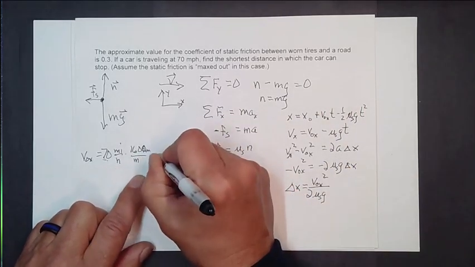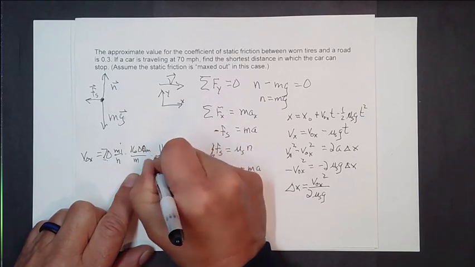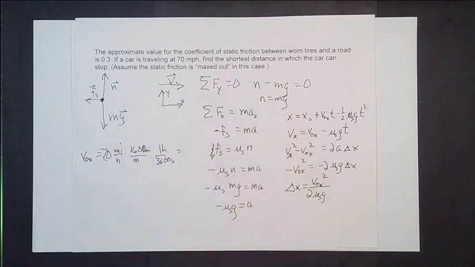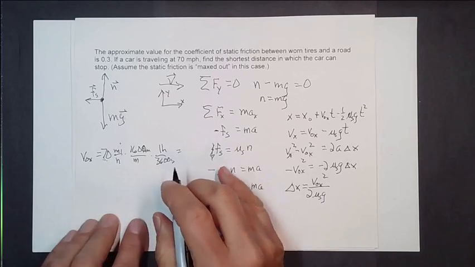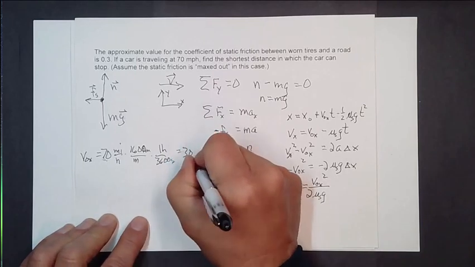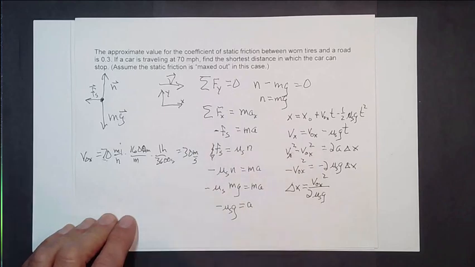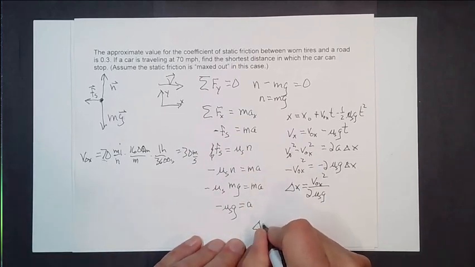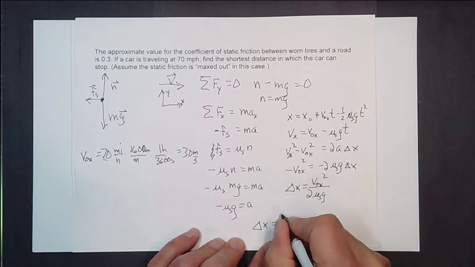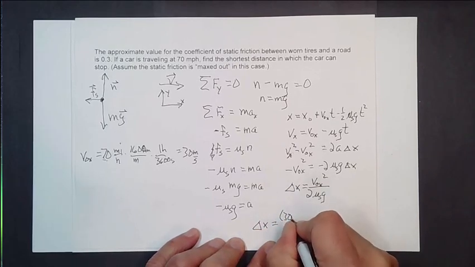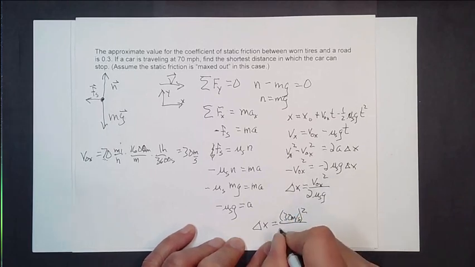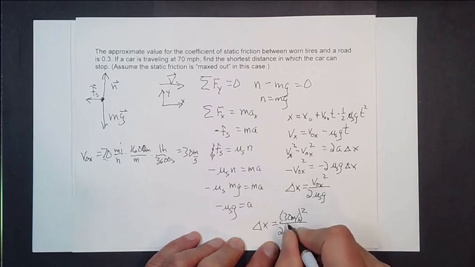All right. Anyway, get rid of the hours. 1 hour over 3,600 seconds. And we get about 30 meters per second, I think. Yeah, it is. It is as good as we can do. So, delta x will equal 30 meters per second squared divided by 2 times mu sub s, which was 0.3.